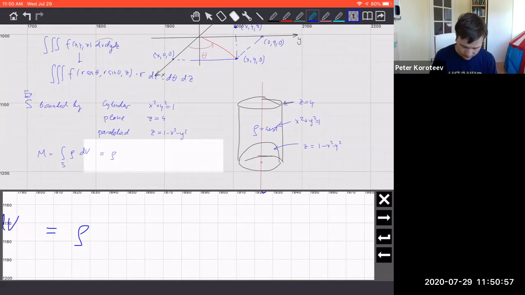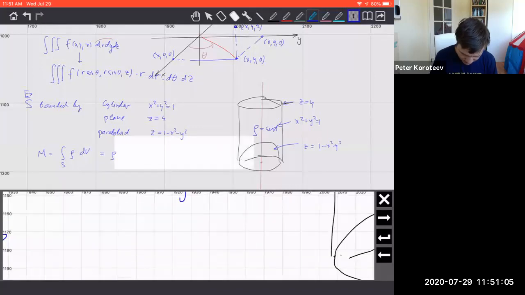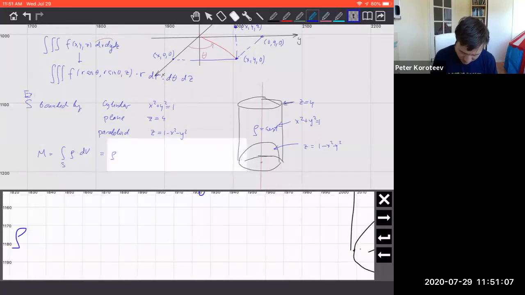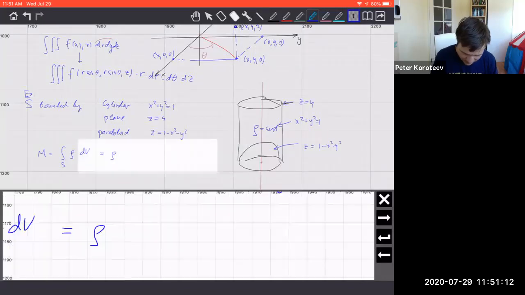We want to start the integral over z, right? Since it's cylindrically symmetric, we know that the outer integral will be over theta, which will factorize.